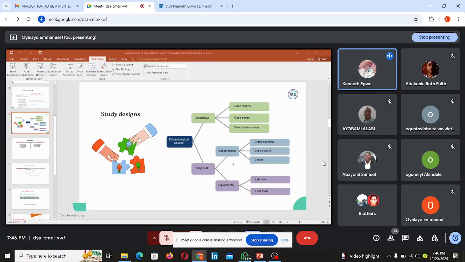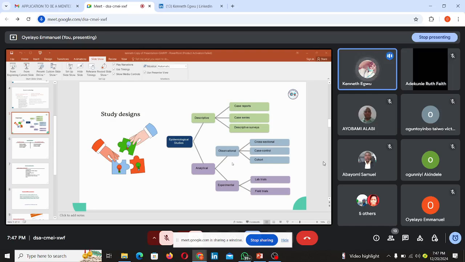For instance, if you are conducting research on acetylcholine, using the duodenum, trying to find out the effects of acetylcholine on muscle relaxation or muscle contraction, you know that you are affecting the outcome by giving that acetylcholine. But in observational, you are not doing any intervention that will affect the outcome of your results.